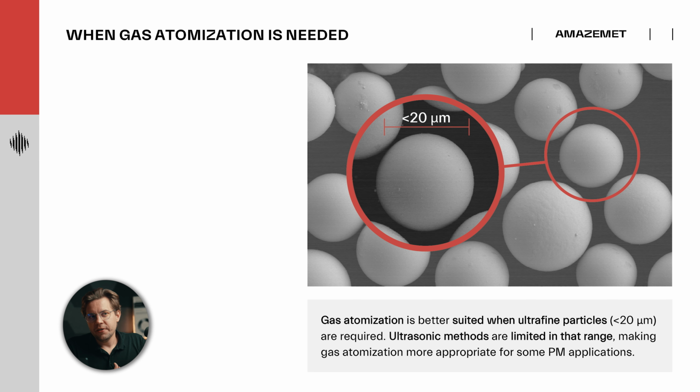Is it always a benefit to have a narrow particle size distribution? Not really. There are processes where gas atomization is required to get to very fine particles. If we are willing to have powder below 20 micra, it is really hard to get those out of ultrasonic atomizers.